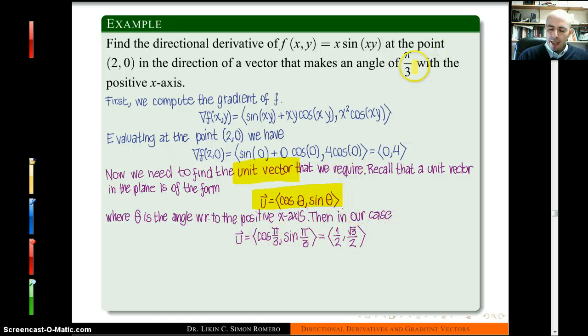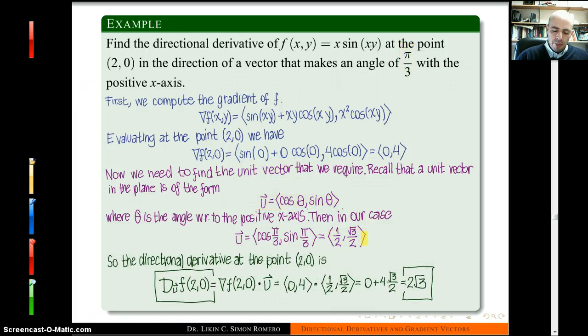So in our case, the angle is pi/3, so this is the unit vector. Now what do we do next? We take the dot product of the gradient vector that we obtained and the unit vector in the direction they are giving us, and that gives you this particular number. What we can interpret from this number is that at the point (2, 0) in the direction of u, f is increasing at this rate.